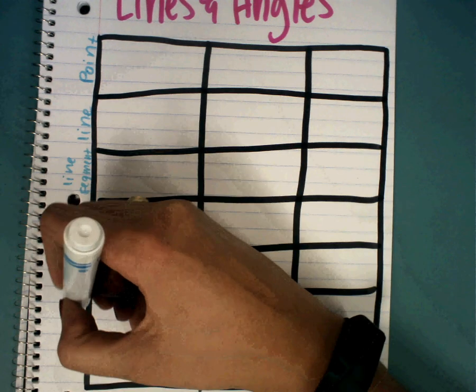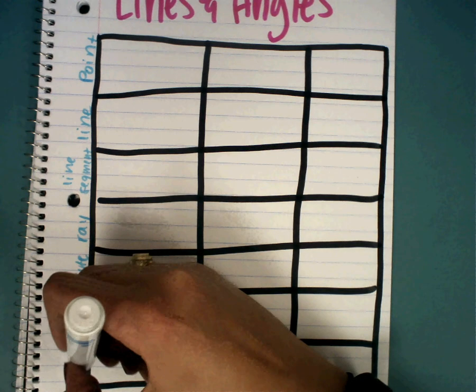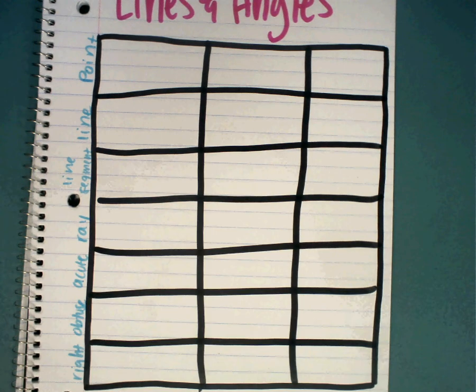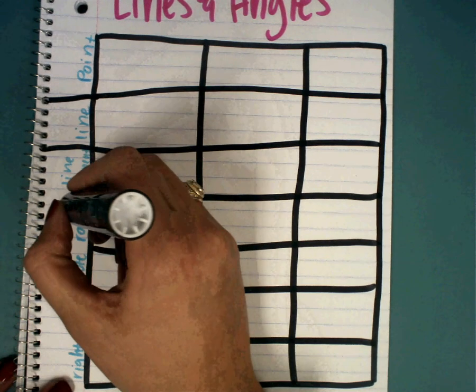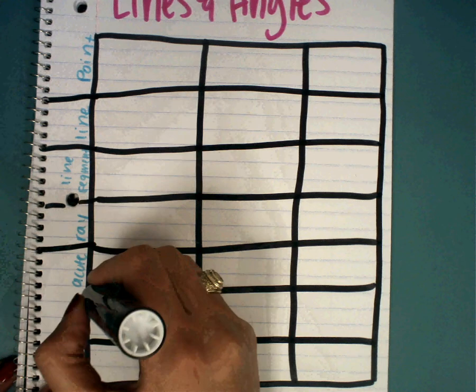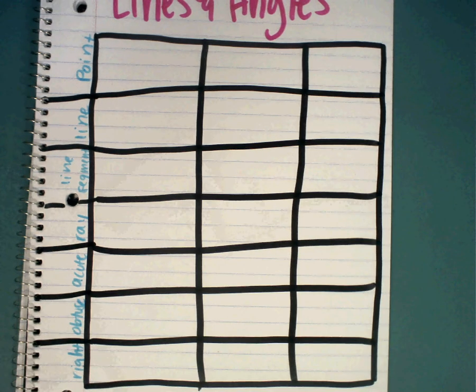And let's go ahead and make those lines go all the way to the edge like this. Okay, just like that. If you need to pause this for a second and get all situated, that is fine too.